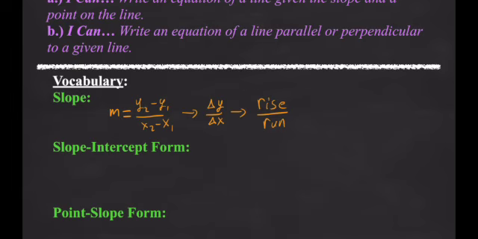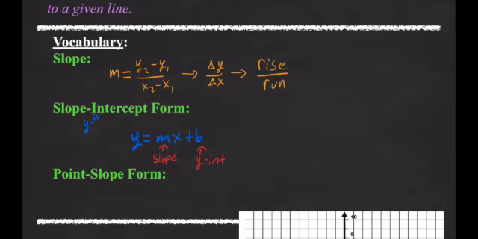This is y equals mx plus b, where m is our slope and b is our y-intercept. And I'm going to show you how to write that equation given some points or the slope.